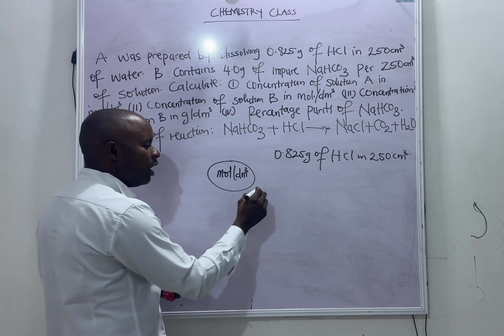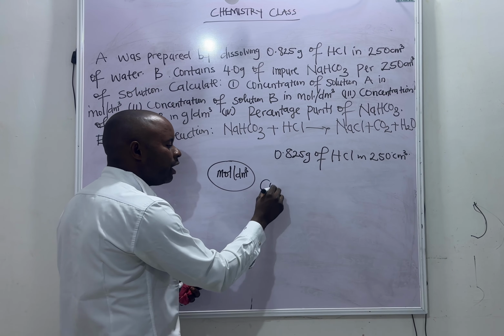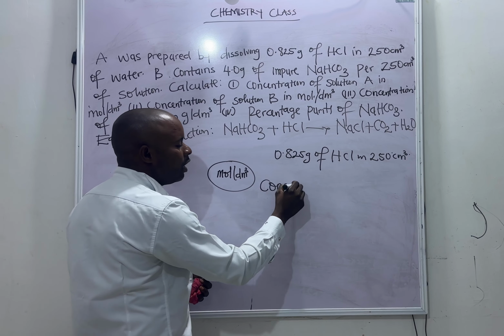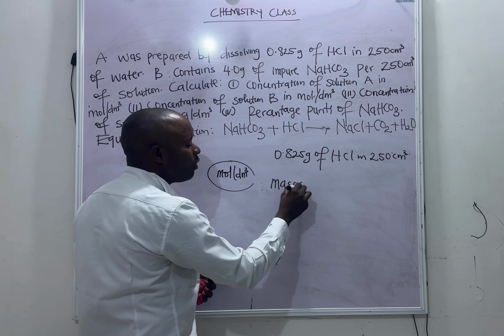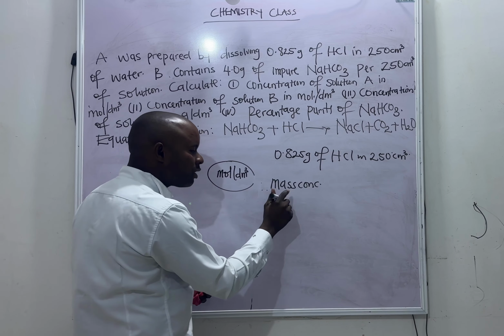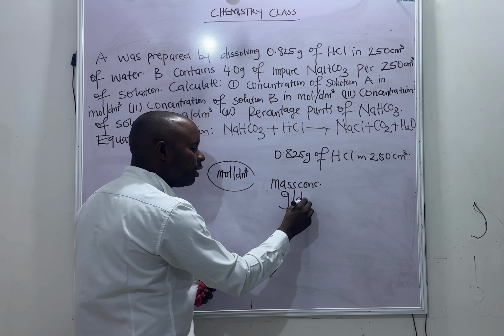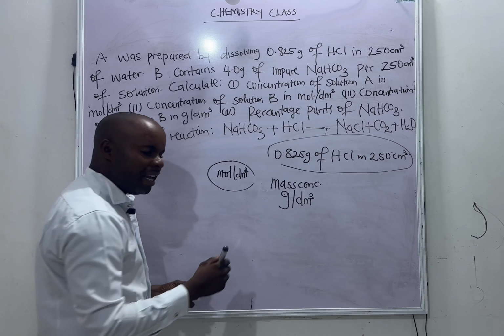That is to say, for us to have this problem solved, I'm going to use this formula: mass concentration. In mass concentration, the unit of mass concentration is given in gram per dm cube. So all of these must be converted to dm cube.